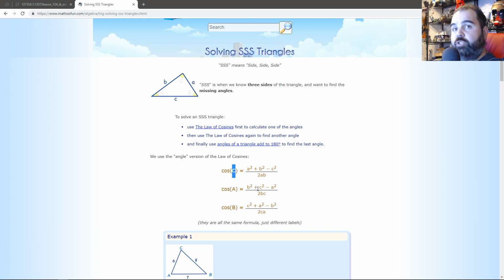I actually use just one function and just swap out the lengths, because you add two lengths together and subtract the other, and the other is the opposite of the angle that you're looking for. So subtracting B gives you angle B, and subtracting C gives you angle C. Now, I say subtract, but you also have to exclude it from the denominator. So basically, A plus B minus C, all of them squared.